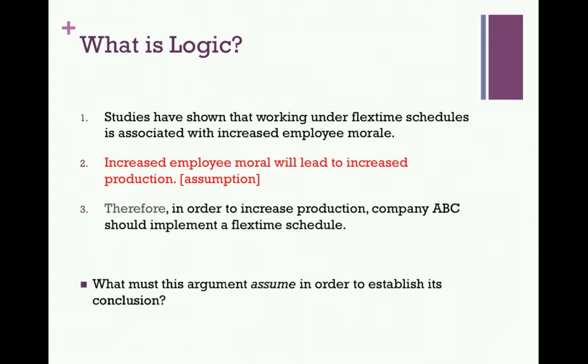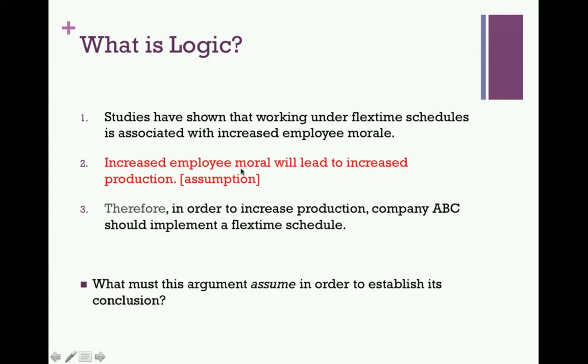But here what I wanted to show you guys is how the argument moved from this premise where all it was talking about was morale and flex time schedules to a claim about what this company should be doing in order to increase production.